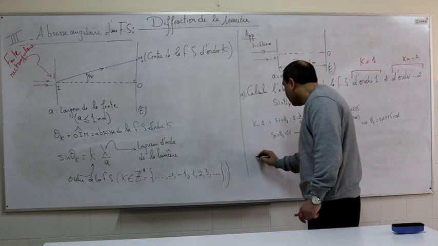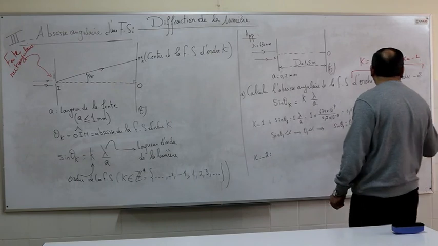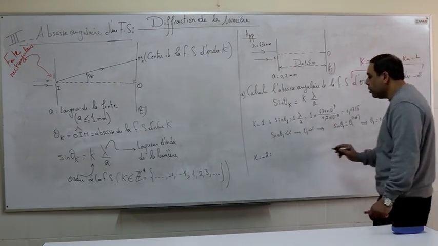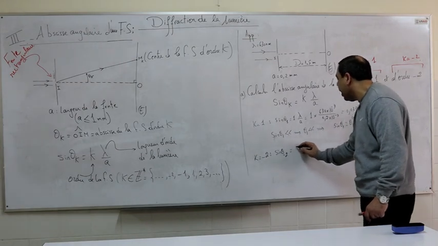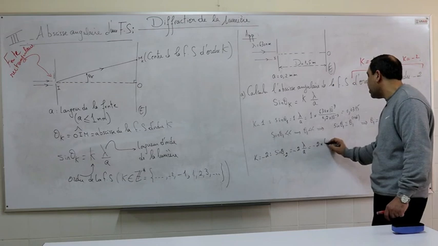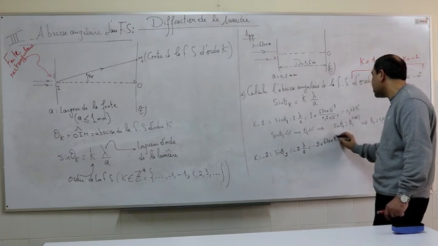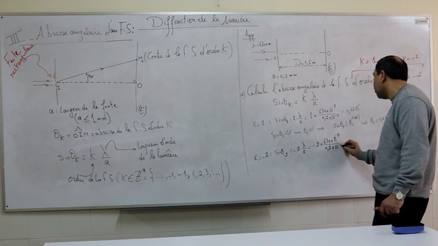Now, for k equals negative 2, that corresponds to the dark fringe of order negative 2, sine theta negative 2 equals negative 2 lambda over a, which is negative 2 times 630 times 10 to the negative 9 over 0.2 times 10 to the negative 3.